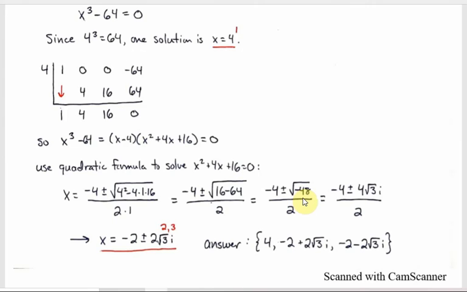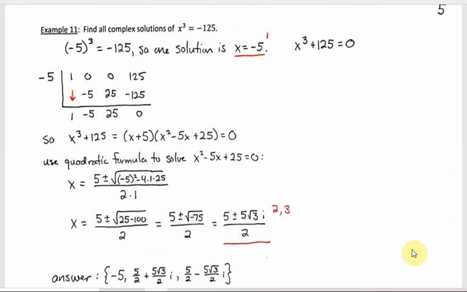And then you could factor out the i, and then 48 is 16 times 3, so you could rewrite the square root of 48 as 4 times the square root of 3, and you end up here when you simplify it down as far as we can get. And those are the second and third solutions because of the plus or minus, right? That'll give you 2 different numbers. So the answer, it's these 3. You have 4, you have negative 2 plus 2 radical 3i, and you have negative 2 minus 2 radical 3i.